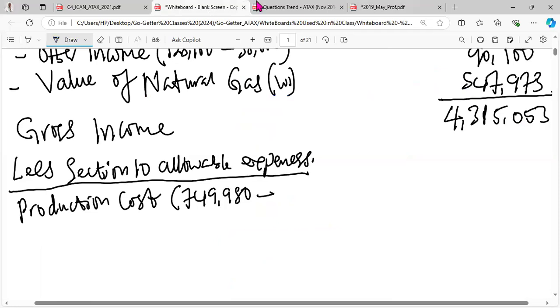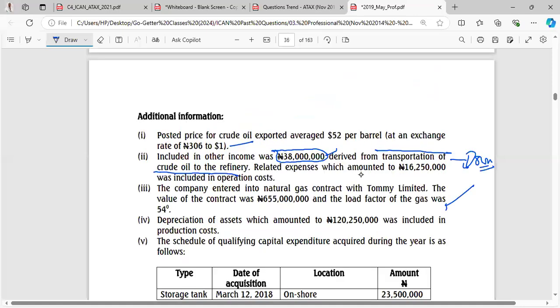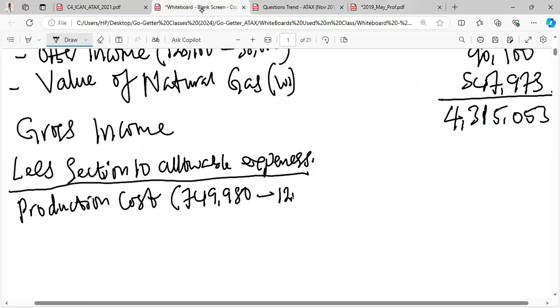Okay, so we have done this. Then depreciation is included. Depreciation here is 120,250. So now let's remove it.